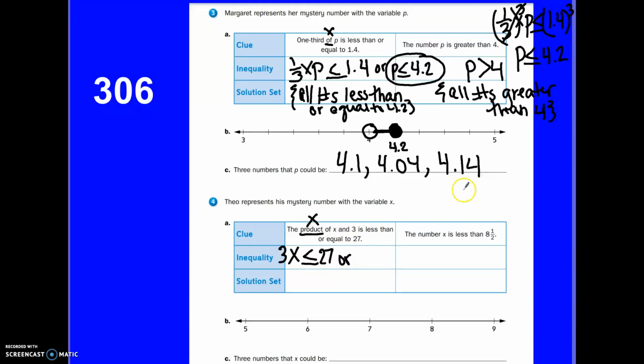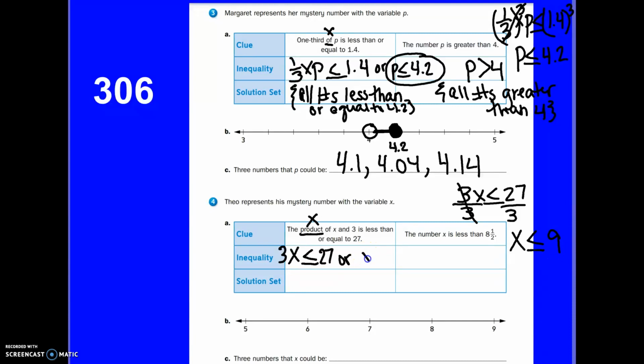to solve for x and get it all by itself, I'm going to rewrite that up here, 27. So now if I have 3x and I want to get x by itself, this is technically multiplication. So I need to divide by 3, divide by 3. So now this cancels out. x is less than or equal to 9, because 9 times 3 is 27, or 27 divided by 3 equals 9.